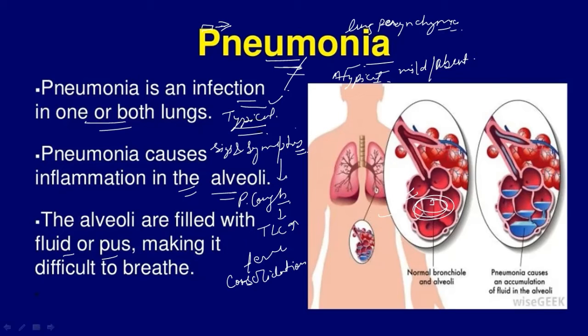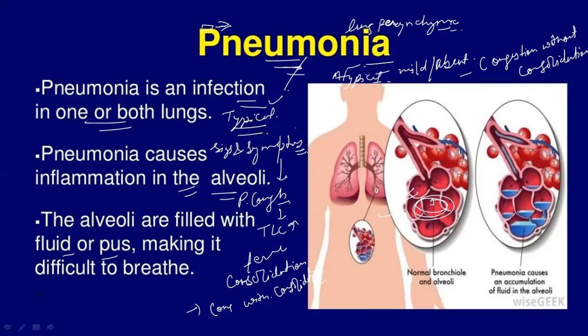But in case of atypical pneumonia, there is congestion without consolidation. Whereas in case of typical pneumonia, there is congestion with consolidation, right?